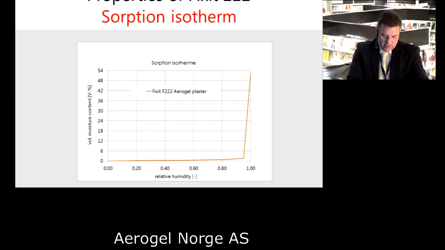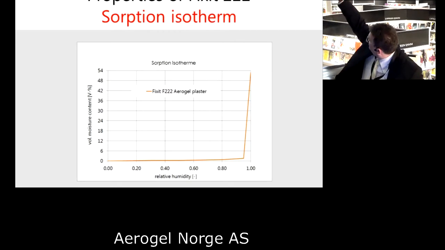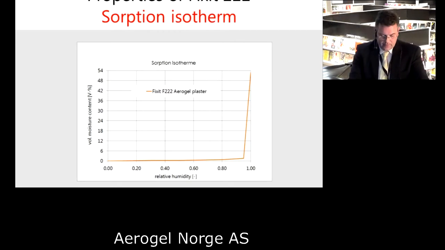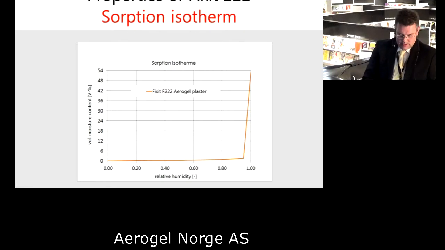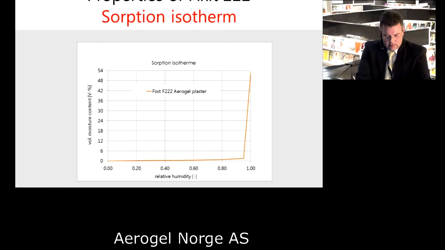Under free water saturation, this is the point here at 100%, that means that the samples are for several weeks under liquid water, the measured volume-based moisture content is over 50%. But the water does not enter the aerogel because it's hydrophobized, but instead the binder matrix.